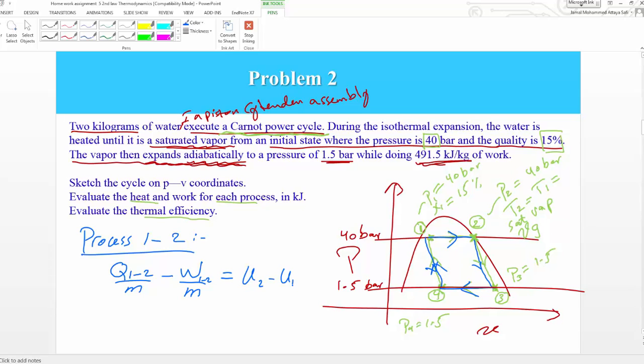And now, what do I know? State 1 is fully defined. This means that this one is defined, or I can find it.